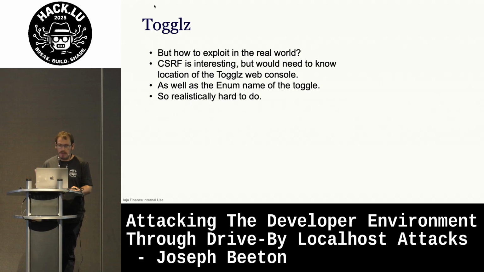It was difficult, though. You have to effectively know the name of the toggle to be able to access it. You could do a CSRF attack against it, but you would have to have insider knowledge already. So realistically, it would be hard to pull off an attack using this.